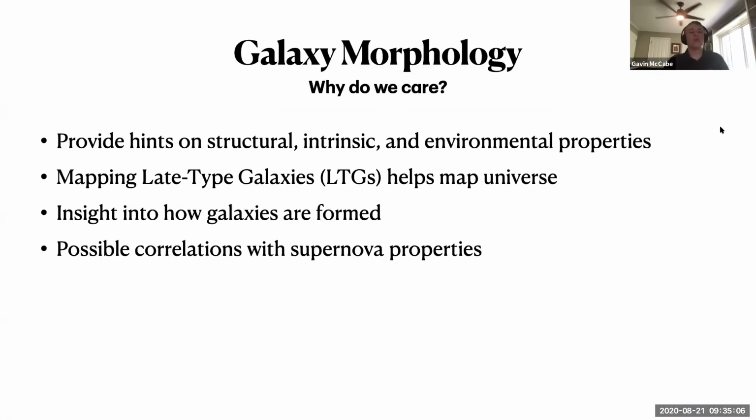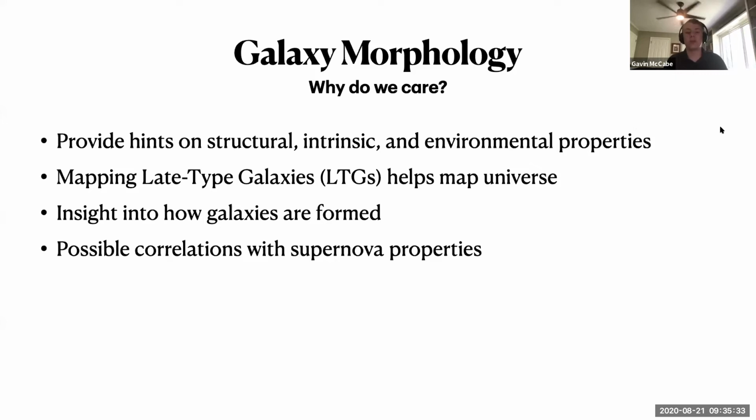So first, let's quickly talk about what galaxy morphology is and why we really care about it. Galaxy morphology is important because it provides hints on structural, intrinsic, and environmental properties. For example, early type galaxies, or what we're going to classify as elliptical galaxies, tend to have a larger mass, less gas in them, and older stellar populations, whereas the late type galaxies, what we're going to consider spiral galaxies, tend to be rich star-forming galaxies.